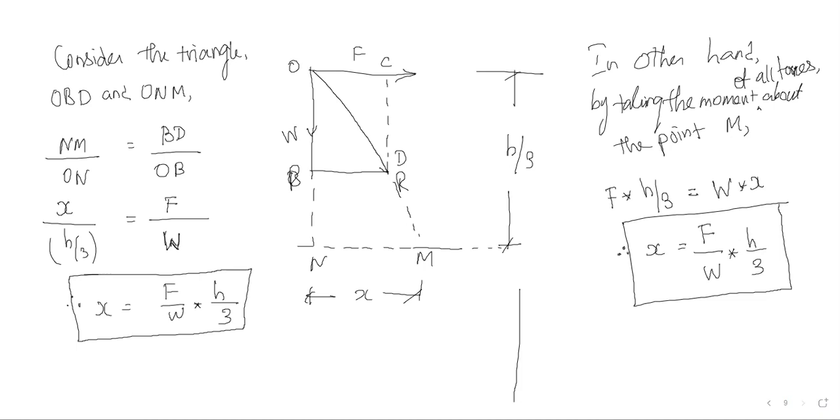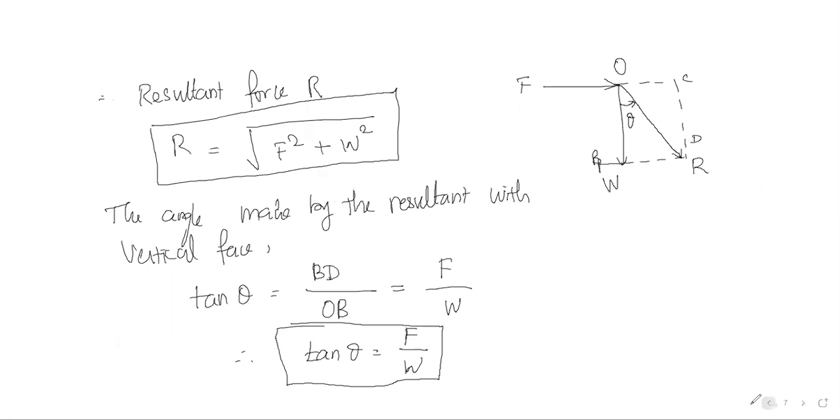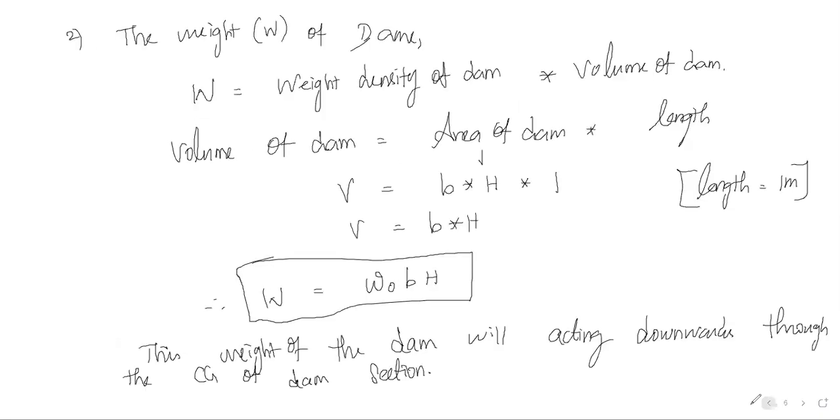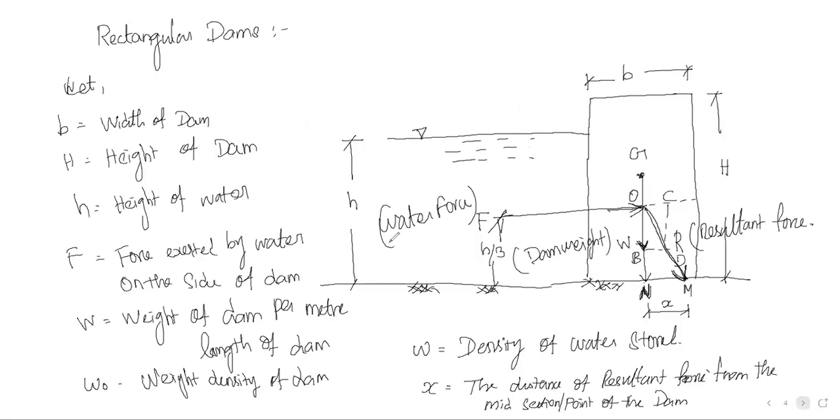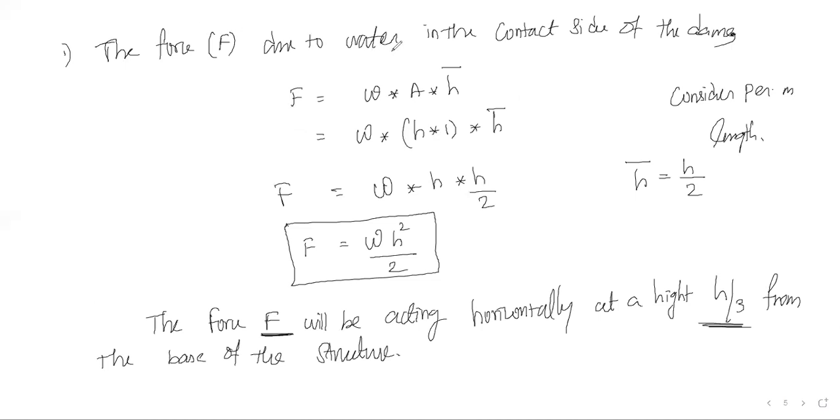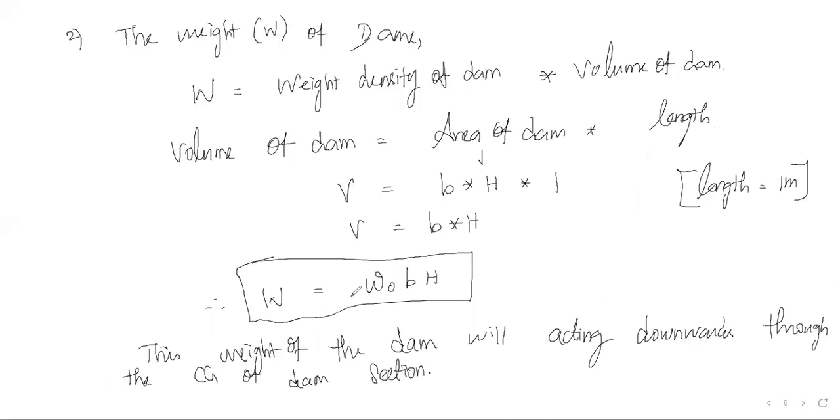These are the formulas we are going to use for calculating the pressure. The force due to water, F, is equal to w h squared by 2, that is the density of water into h squared by 2, where h is the height of the water. Next, the weight of the dam is equal to the unit weight of the dam material multiplied by the breadth into height of the structure.